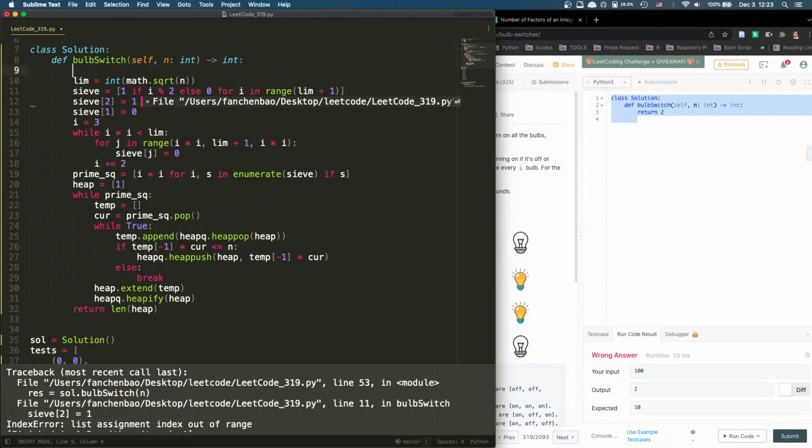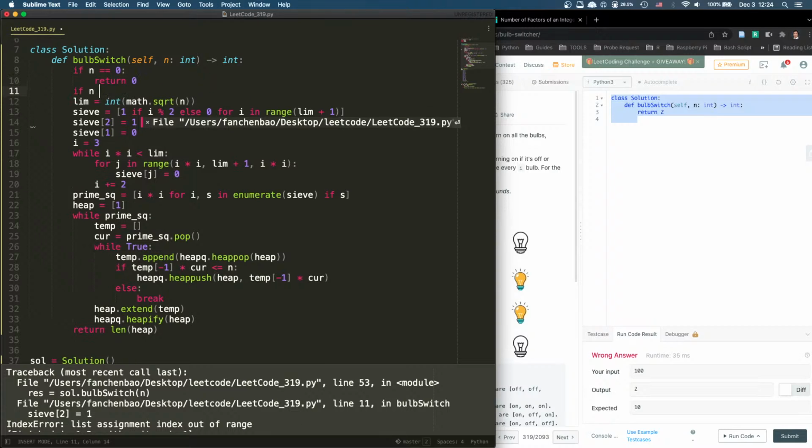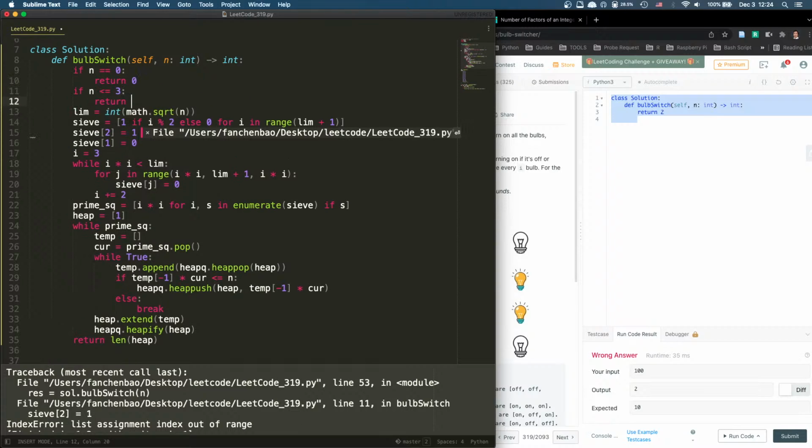Okay, so if n equals 0, return 0. If n is smaller or equal to 3, return 1. Okay?